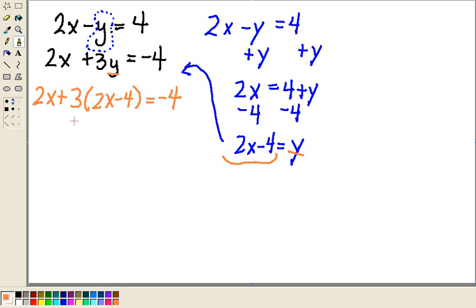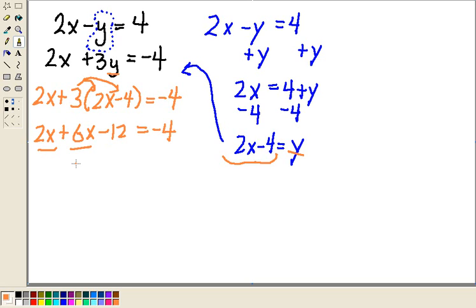Now, all I have to do is solve this for x. My first step is going to be to distribute this 3. So I get 2x plus 6x, because 3 times 2x is 6x, minus 12 equals -4. For my next step, I'm going to collect like terms.